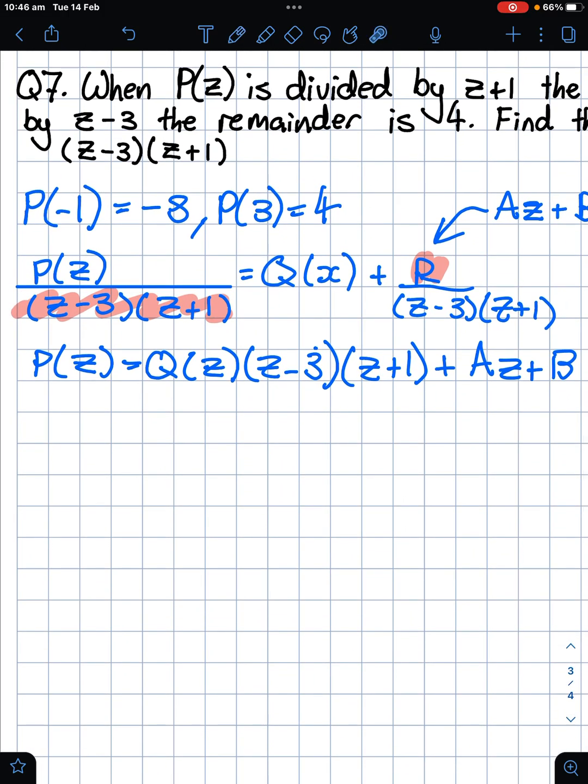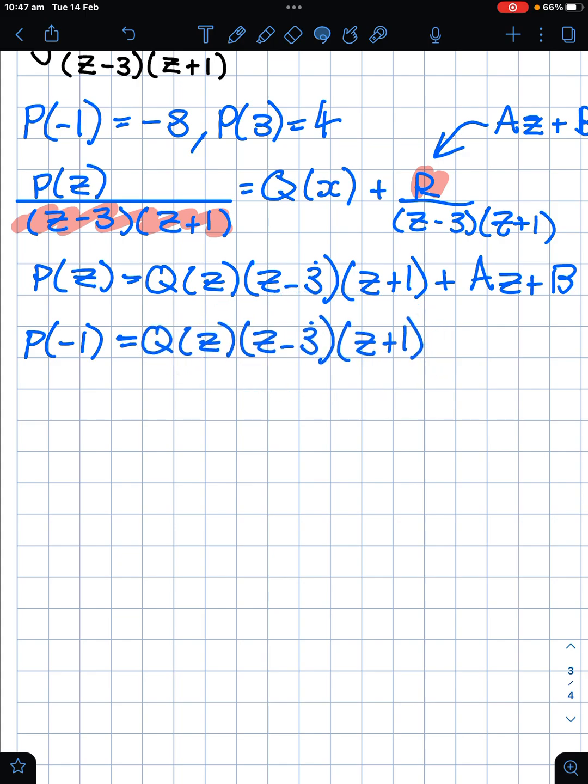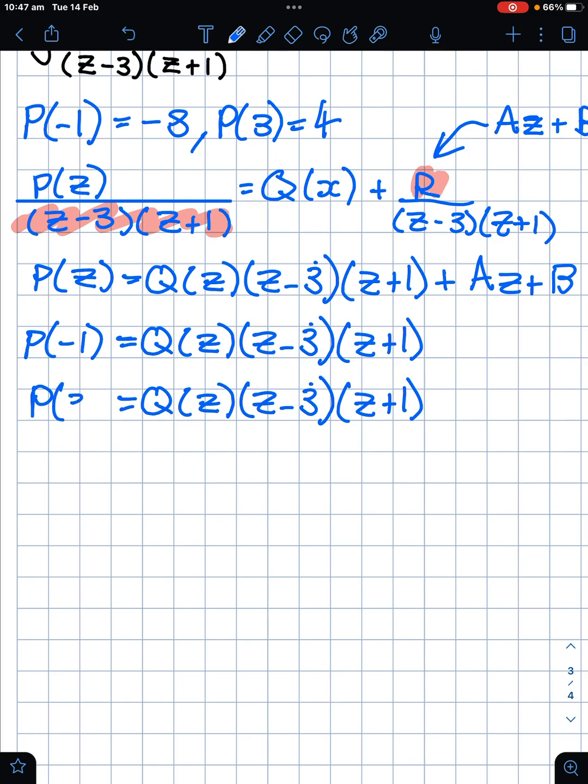Now we're going to use these values we were given to calculate the remainders. Let me just copy and paste this, this might make it easier. We're going to paste it again because we're going to need it for the next bit. We're looking at this line here, p(negative 1).